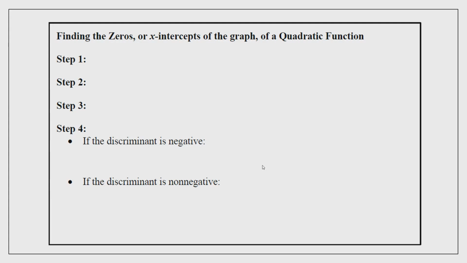So in general, in finding the zeros or x-intercepts of the graph of a quadratic function, you first are going to be given f of x equals ax squared plus bx plus c, and you're going to write the equation as ax squared plus bx plus c equals 0.